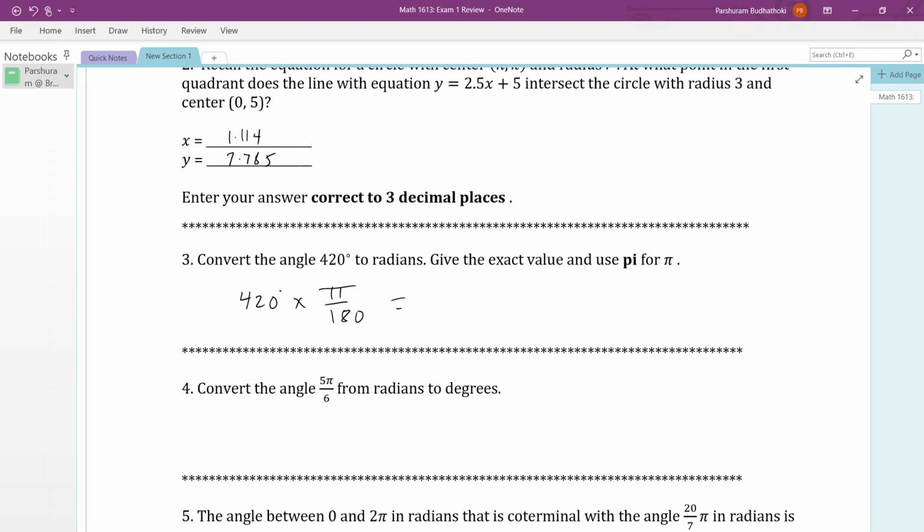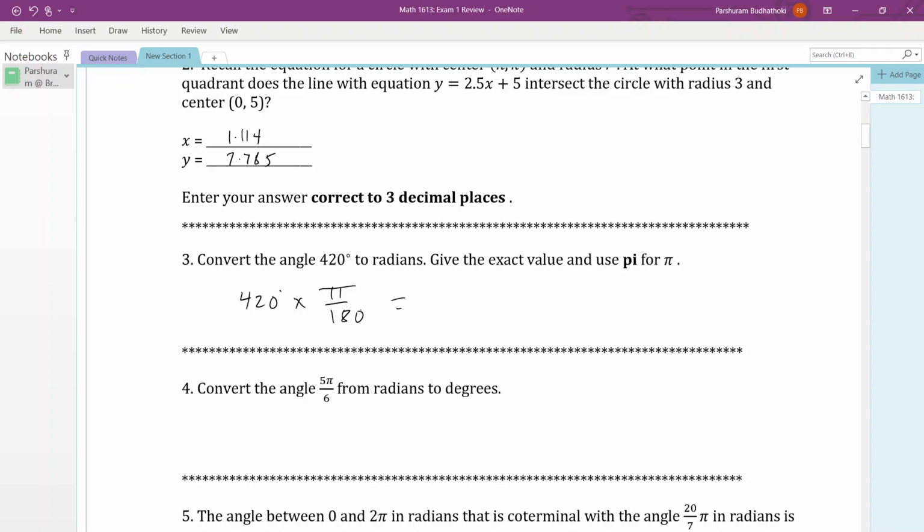So if we do that, just multiply by pi over 180. I'm going to use my calculator to divide 420 by 180, and they are asking us to put the answer in terms of pi. So 420 divided by 180 is 2.33. The answer should be the exact value, using pi for pi.